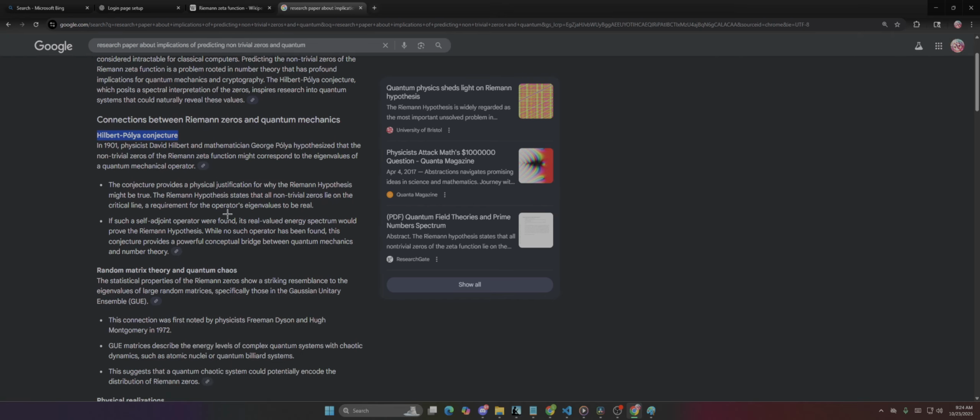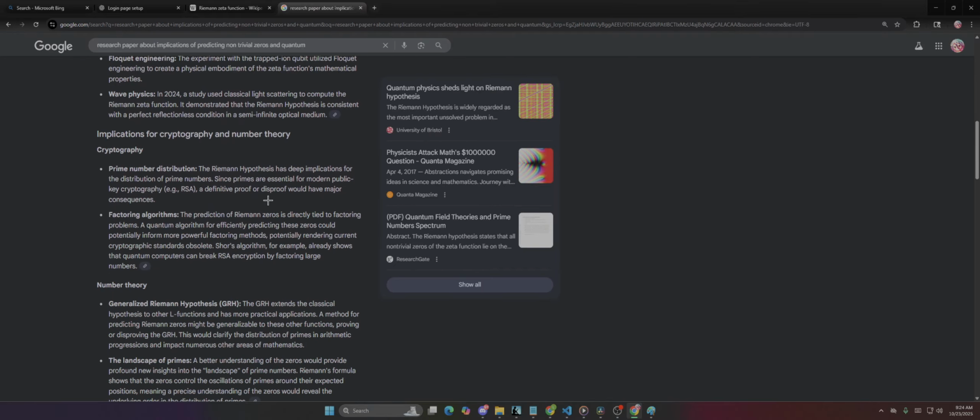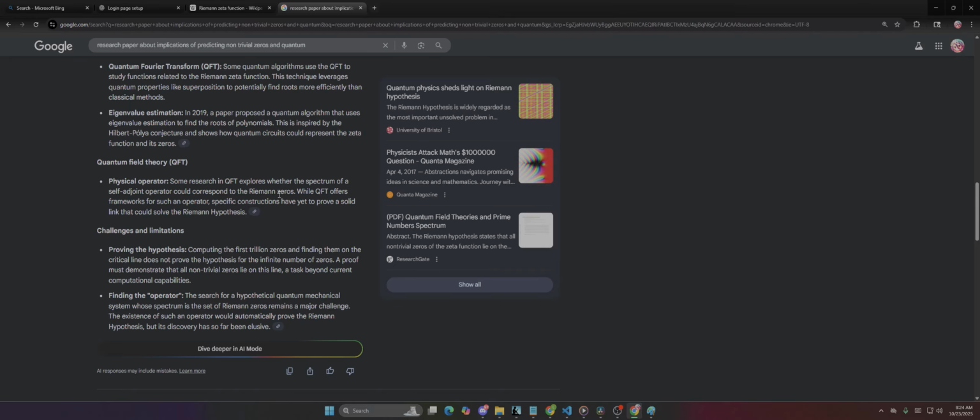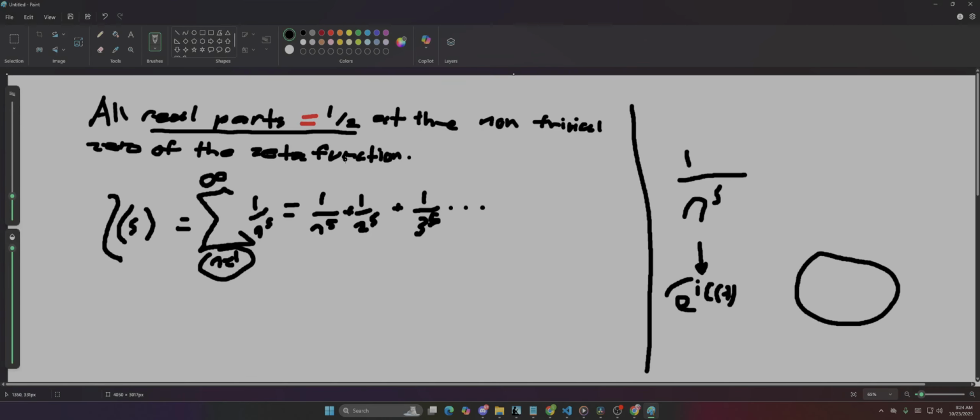There's a paper regarding the connection between the zeta function and quantum mechanics. The connection was that the non-trivial zeros appeared in a way that was similar to physical quantum mechanics or something.